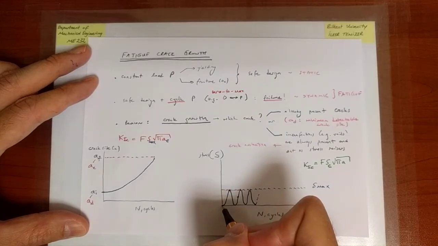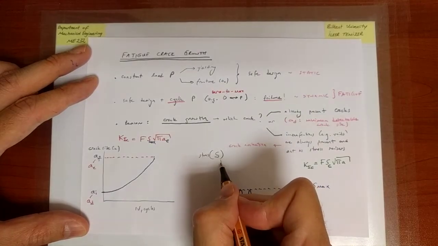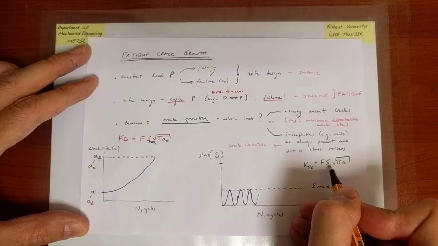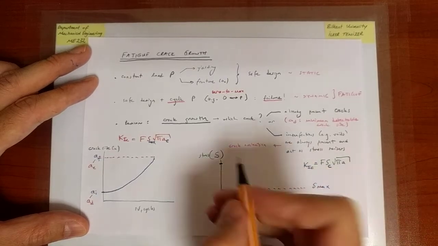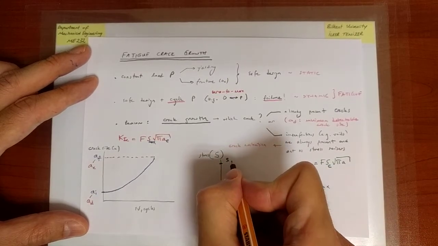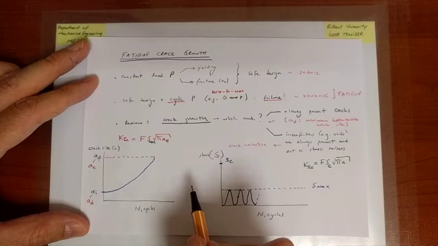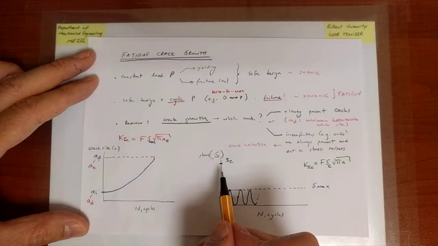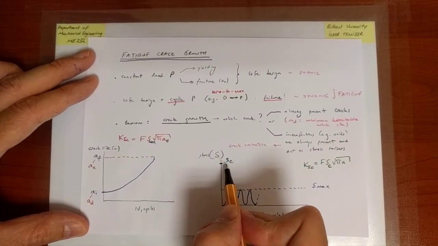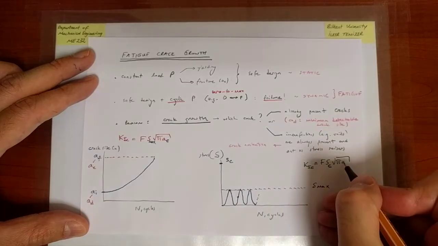If at the very first load I had increased the load all the way up to the corresponding SC for that crack size, then I would get a fracture. Okay, the crack would catastrophically propagate. Now, as the number of cycles increase, the value of the size of the crack will increase.